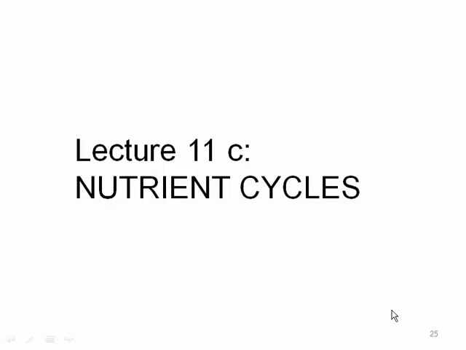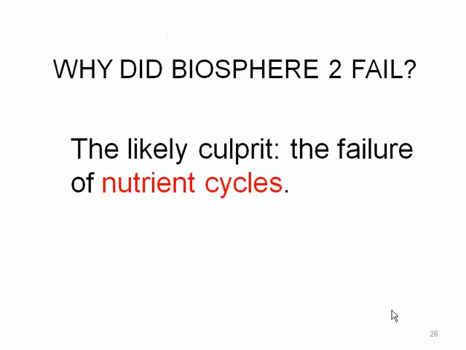In this section, we consider one of the major features or properties of biomes, and that's the extent to which they cause nutrients to cycle through the environment. Ultimately, Biosphere 2 failed to reach its promise of a self-sustaining, complex, managed representation of the natural biosphere.